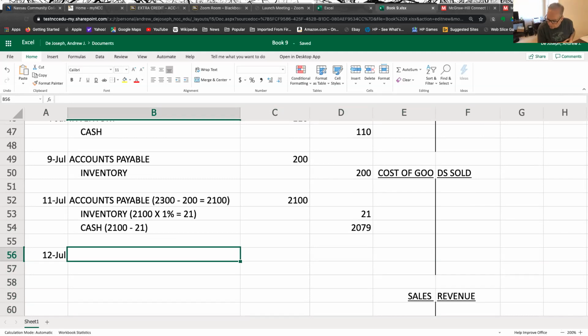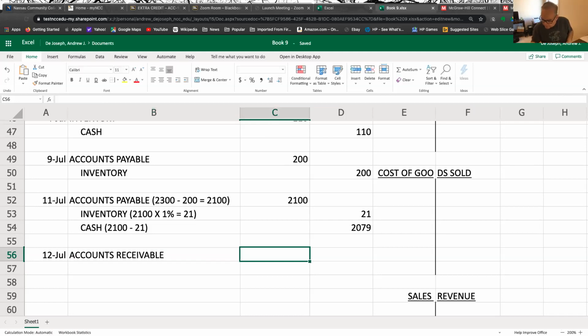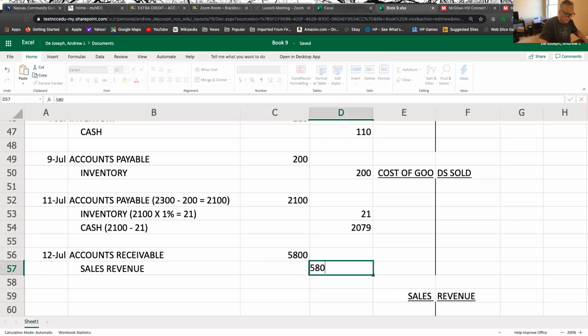So on July 12th, sell CDs to customers on account, debit accounts receivable, $5,800. Credit sales revenue, $5,800.